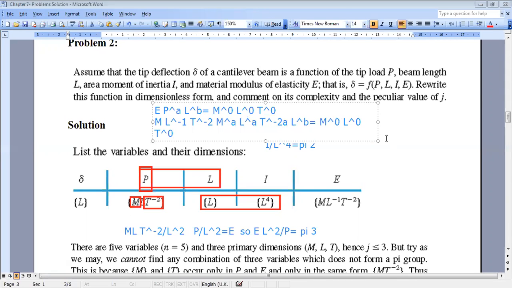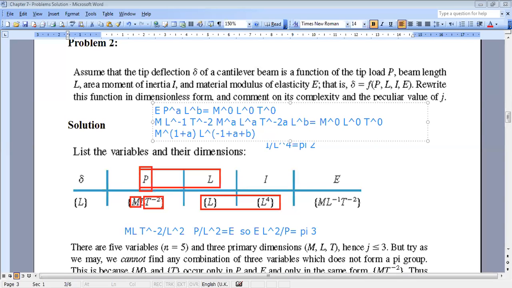Okay, so what is the dimension of M from the first side? From the first side, M is to the power 1. Here you have 1, and here you have a, so 1 plus a. Now for L, what is the power of L? You have minus 1 plus a plus b.